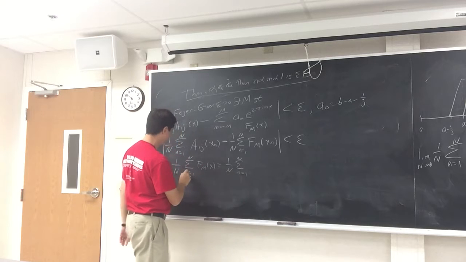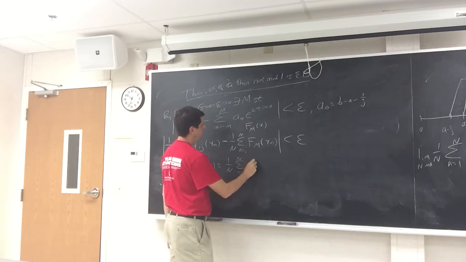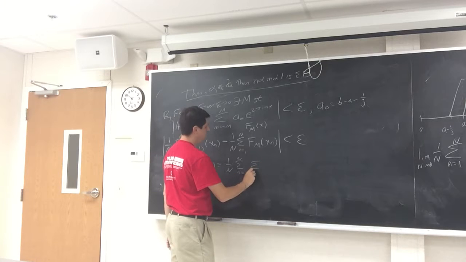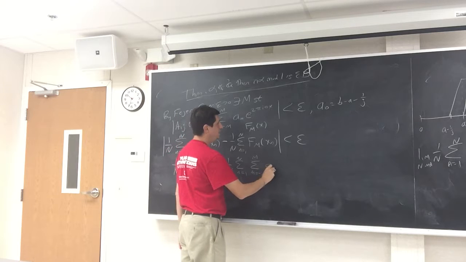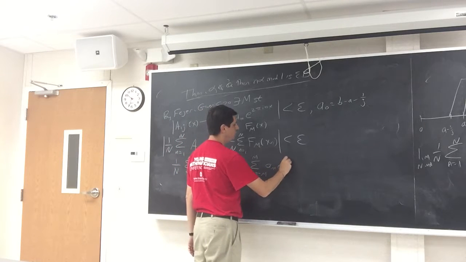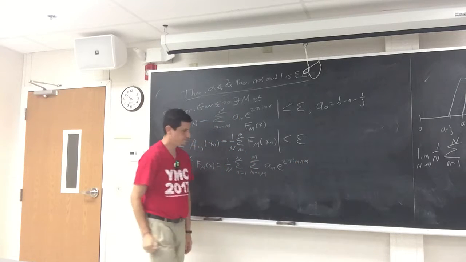Oh, sorry, this is the sum of, yes, n goes from 1 to m. And now here I have a sum m goes from minus m to m of am e to the 2 pi i m n alpha.